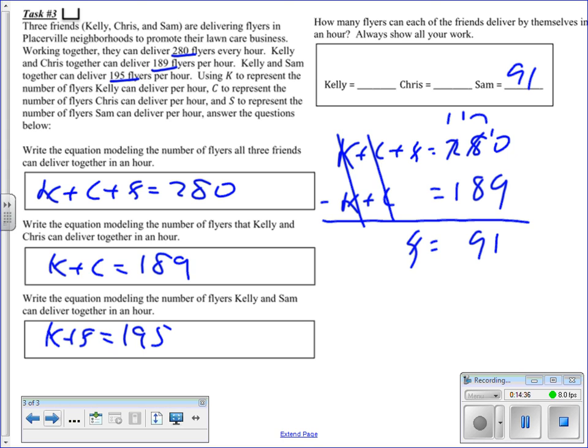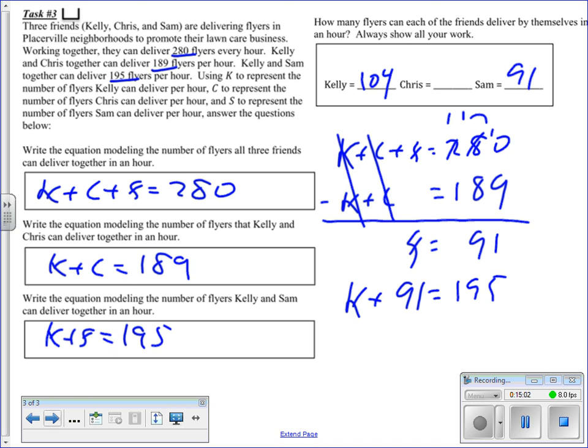Now piece K. Which means that Kelly plus 91, which Sam can do, equals 195. Subtract 91 from both sides, and you get Kelly can do 104.